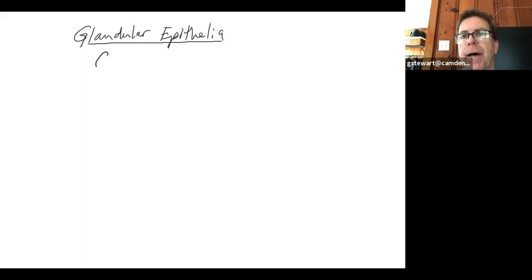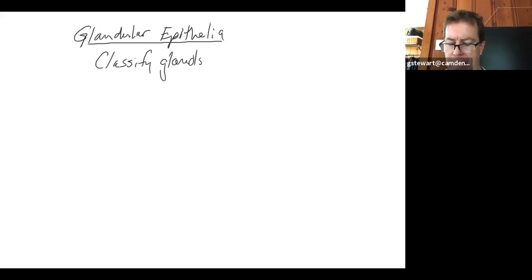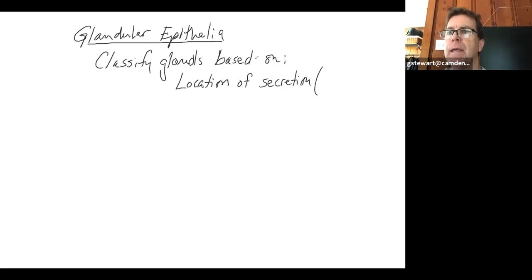We classify glands basically on these types of criteria. So I'm going to put based on typically location of secretion, and that would be using the words like, I'll explain this in a minute, exocrine or endocrine.